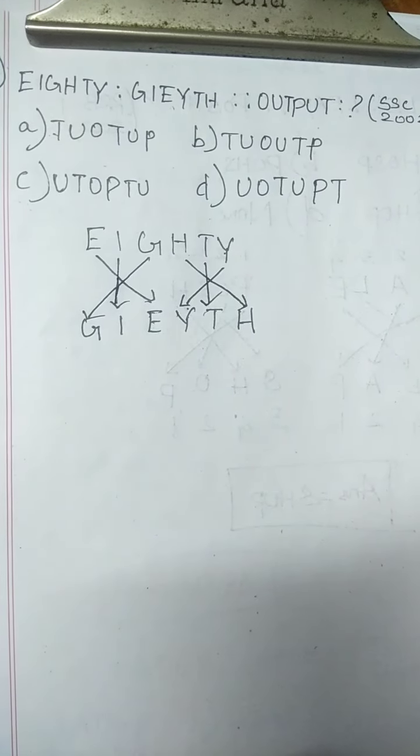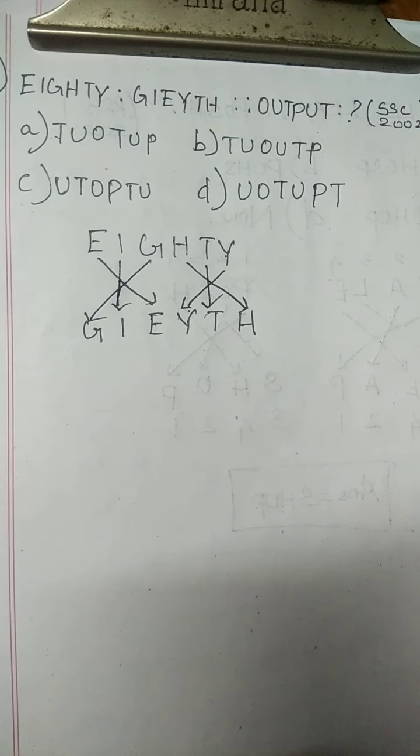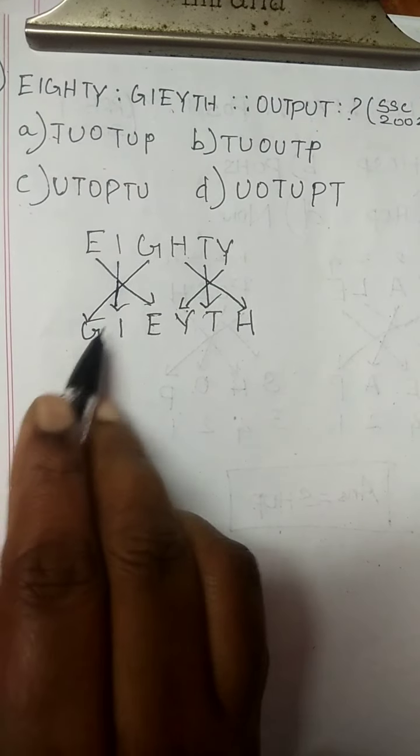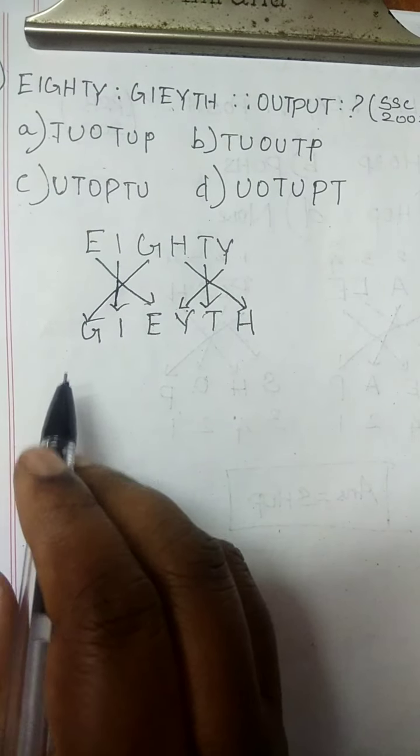So this is the clue behind it. They are writing EIGHTY as GIEYTH in this manner. Using this same method, we are going to find the answer for output.